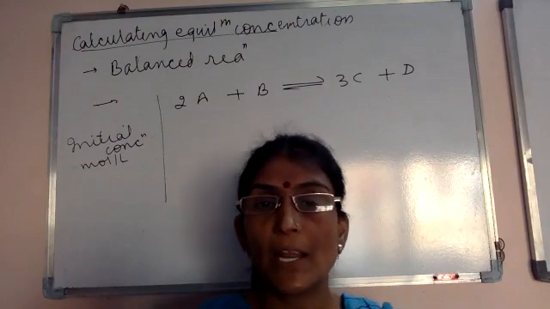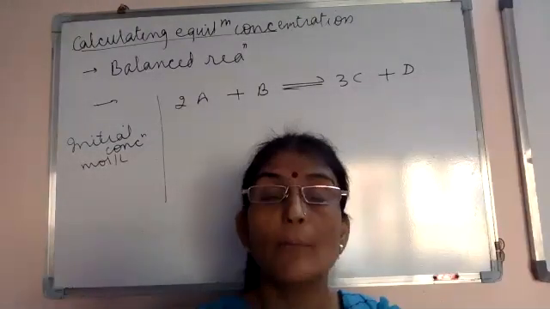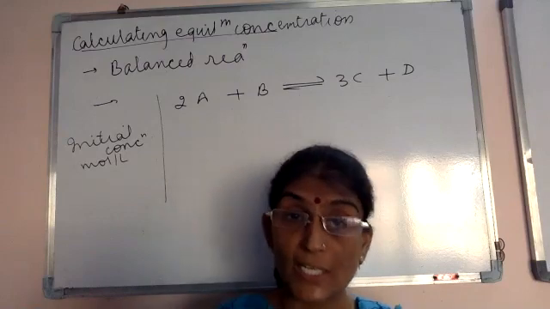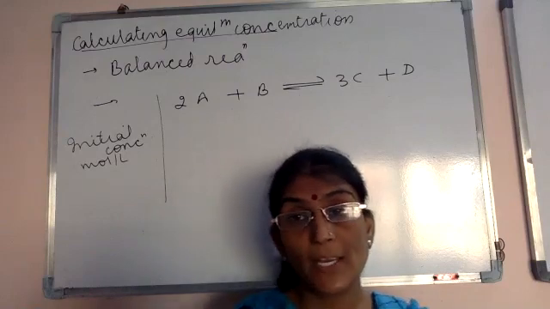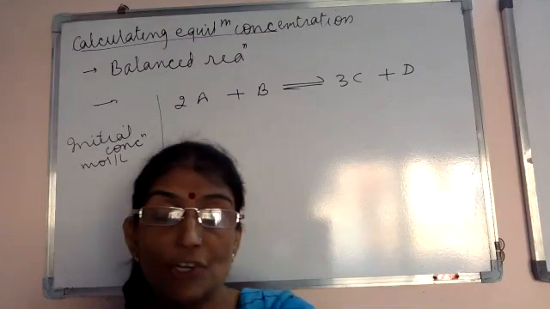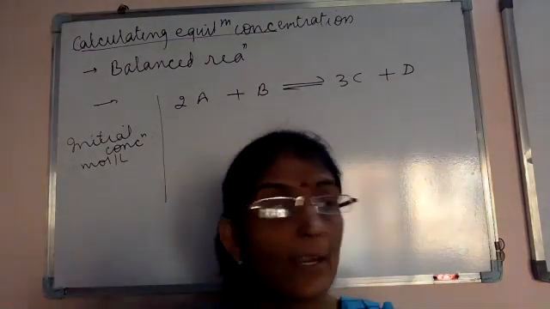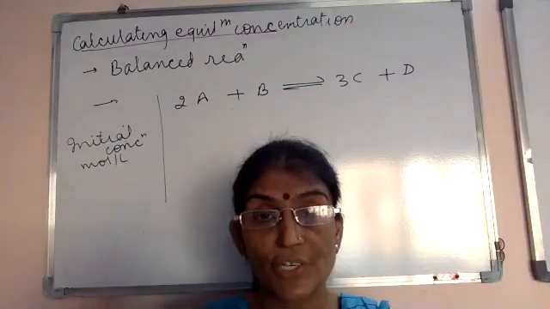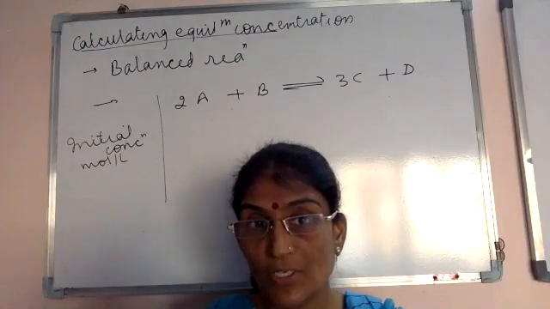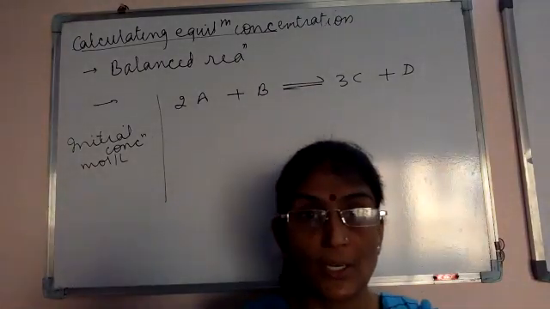In a container we are taking 2 mole of A, 3 mole of B, 3 mole of C at 1 mole of D. ऐसा कोई जरूरी थोड़ी है कि रिएक्शन में हम सिर्फ रिएक्टेंट ही लेते हैं. They can take reactant as well as products in the reaction. So whatever be the initial concentrations that we have to mention.